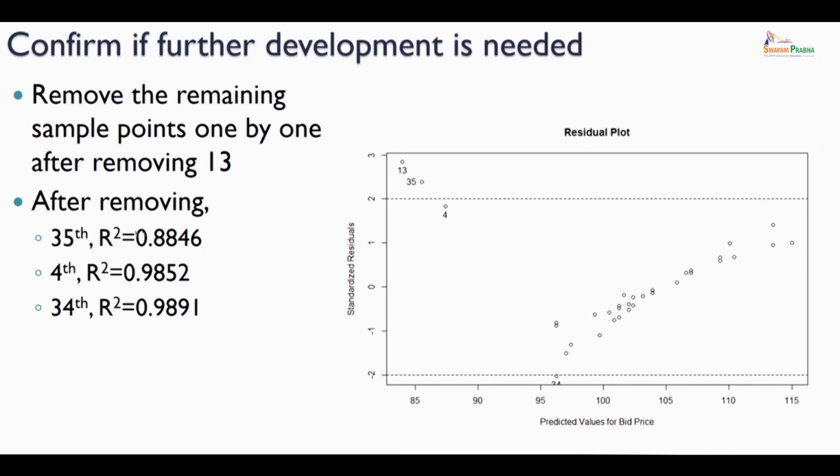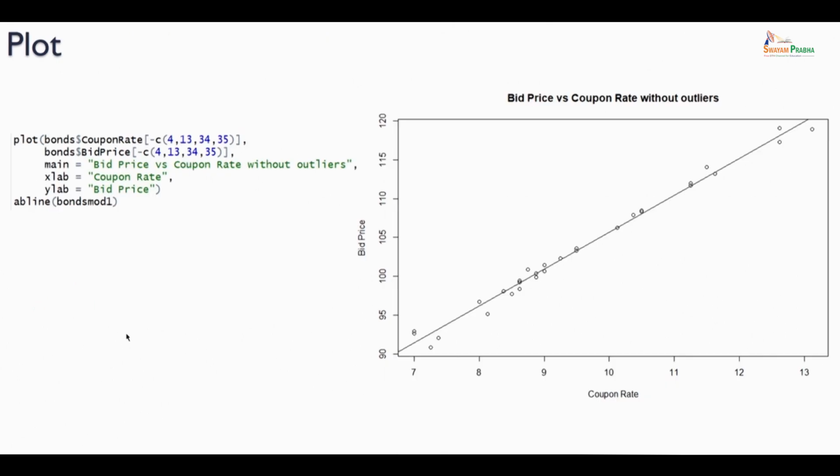Now, after removing all these 4 points, we are going to plot the new regression line over the data. On the left you can see that I have removed the indices 4, 13, 34 and 35 from my data, and similarly for bit price also I have removed these points, and I am going to fit the new model.